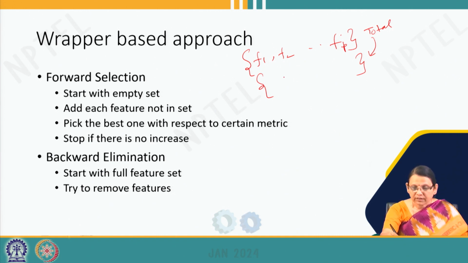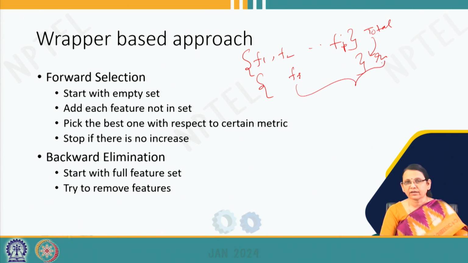So, let us say you choose some Fi and you have your response variable R. With respect to each of these, when you did with respect to your criteria, you got the best combination with Fi and R. So, you decide on this.